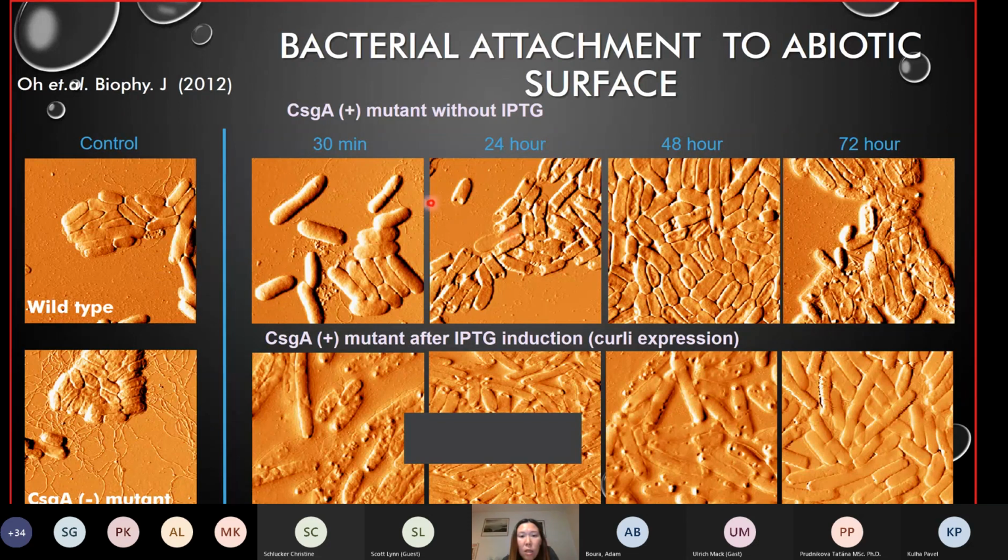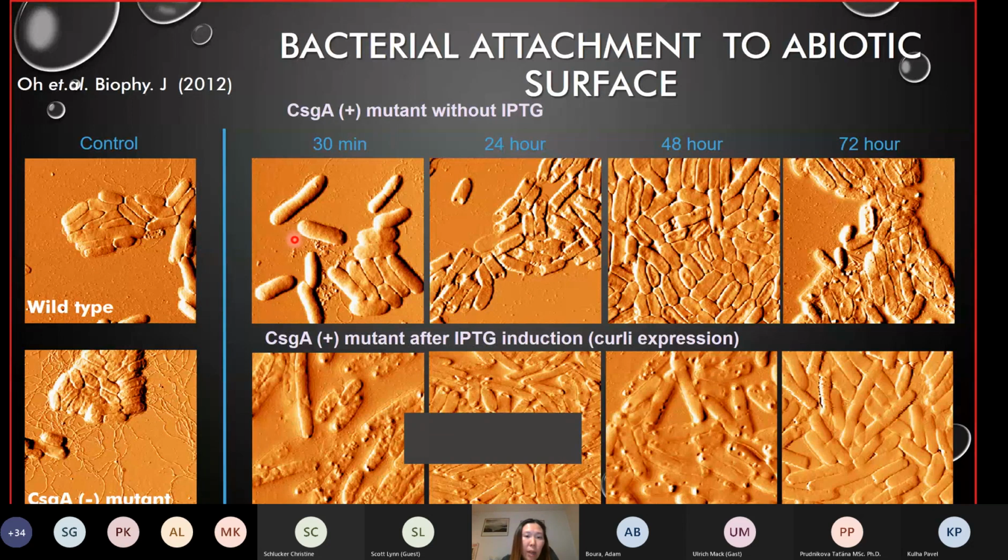And as you see, as time goes by, first they form this small microcolony, just a few bacteria adhering to the surface, and then they form a real biofilm. And after a certain time, they also detach to expand their biofilm to other places on the surface. So that's the typical behavior of how biofilm forms.